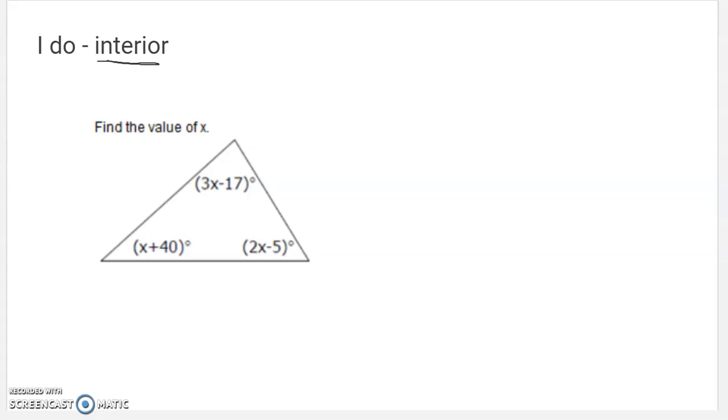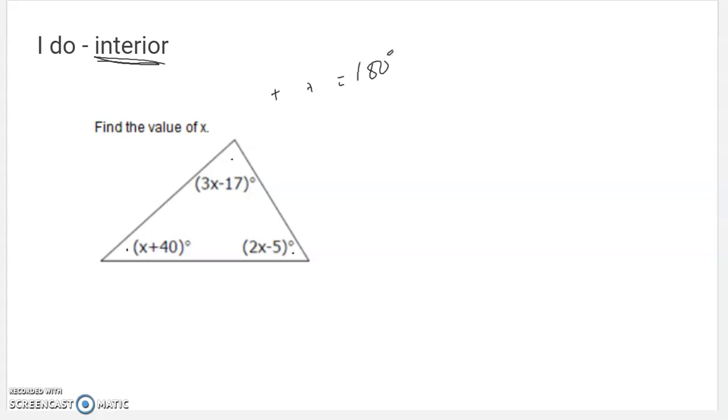So this one involves interior angles of triangles. It says find the value of x, and I've got the three angles with variables here. So I want to find x, and I know all three angles. So I'm going to have to use a piece of information I know, which is that if I add all three interior angles together, their sum equals 180 degrees.